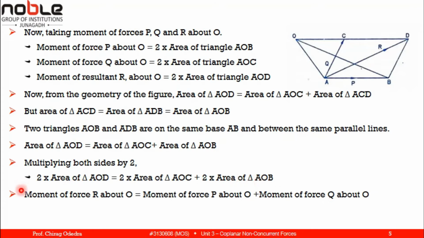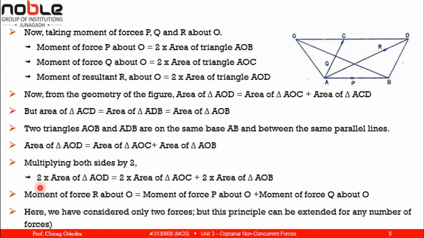Now 2 into area of triangle AOD is the moment of R about O, 2 into area of triangle AOC is the moment of force Q about O, and 2 into area of triangle ADB is the moment of force P about O. Here we have considered only two forces, but this principle can be extended for any number of forces.